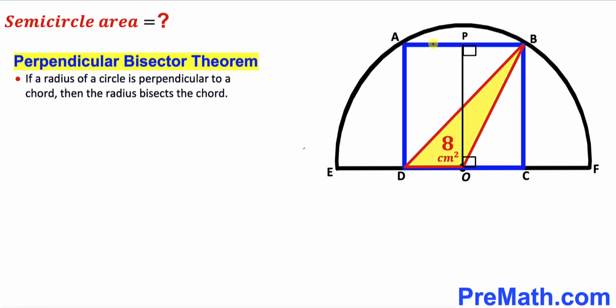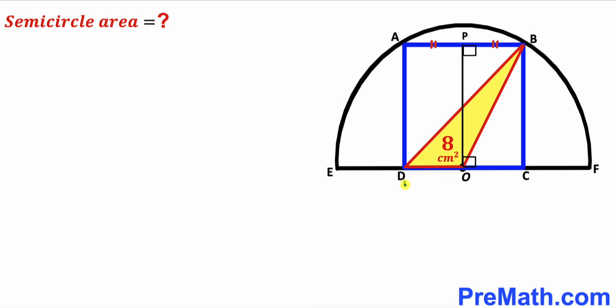In other words, this segment equals this segment, and likewise this segment OD is going to be equal to this segment OC. In other words, this segment and this segment are equal in length.